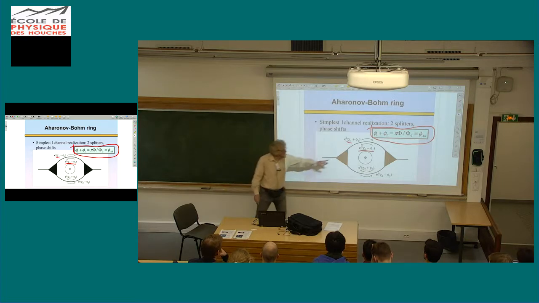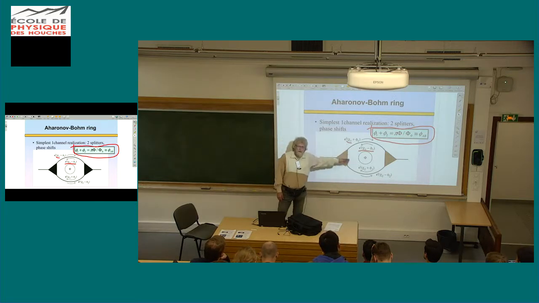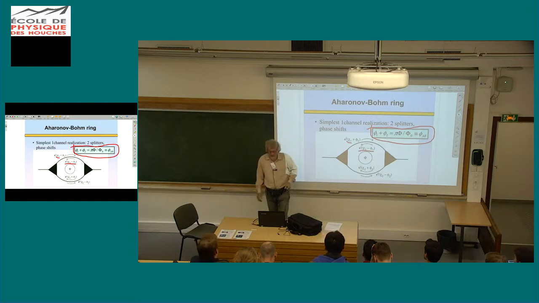Then we put flux in the loop, and we get conductance, which will depend not only on characteristics of the beam splitters. It will depend on phase shifts accumulated in the loop. It will be dynamical phase and geometric phase, which would result in the Aharonov-Bohm effect.